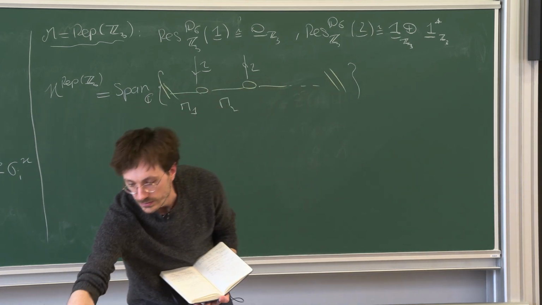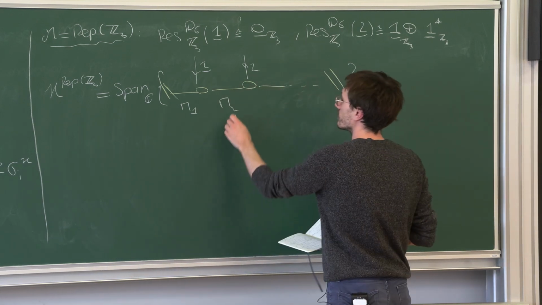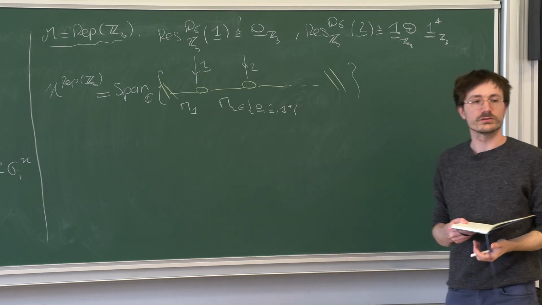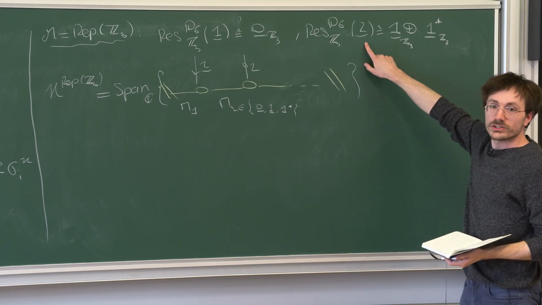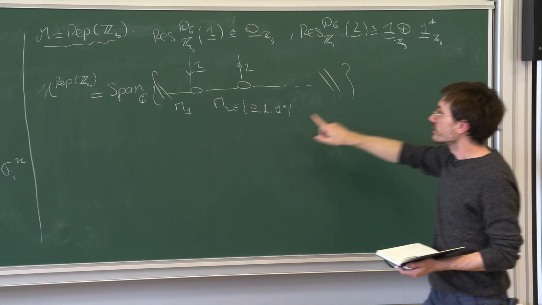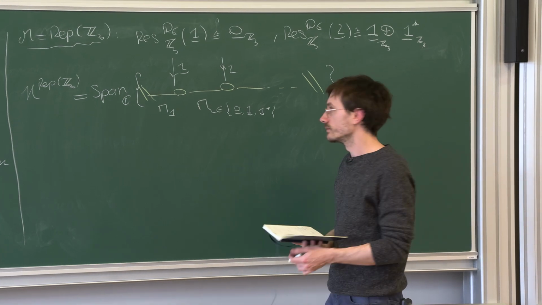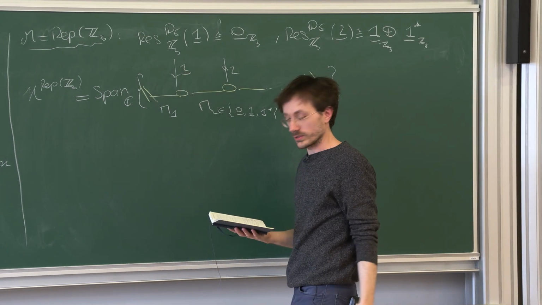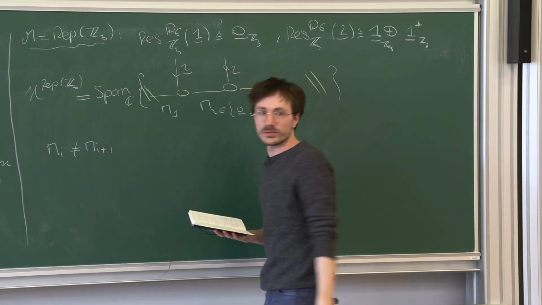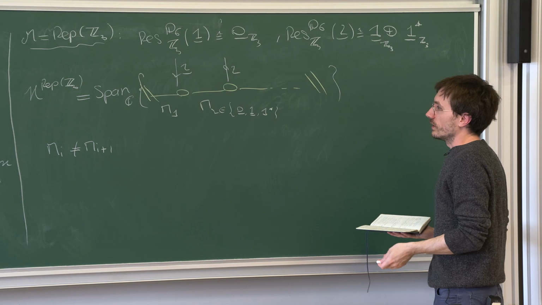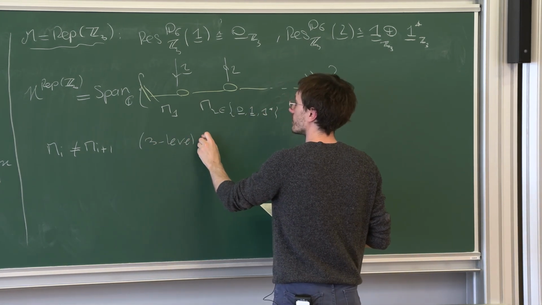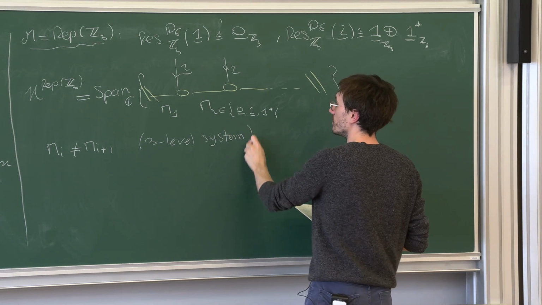So M2 can be the trivial representation or one of the two non-trivial representations of rep Z3. Since the two-dimensional one restricts to this, and the trivial representation does not appear there, it's not possible for these two degrees of freedom to be equal. This would require it to contain the trivial representation. So generally speaking, m_i has to be different from m_{i+1}. And so this is not a tensor product space because of this. Also this is a 3-level system, because now the local Hilbert space is 3-dimensional instead of 2-dimensional.